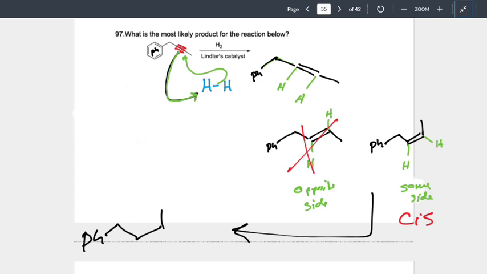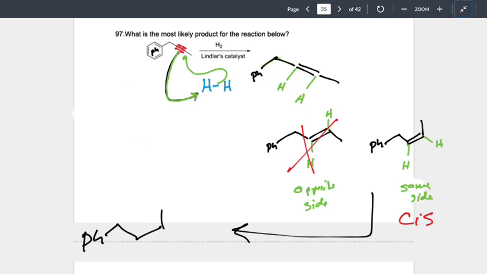Now I'm down to alkanes. Do I have any chiral atoms? No. So do I have to care about cis or trans or R and S? No, I don't have to worry about any of that. So this, I would argue, is a ballpark following the chemistry approach.